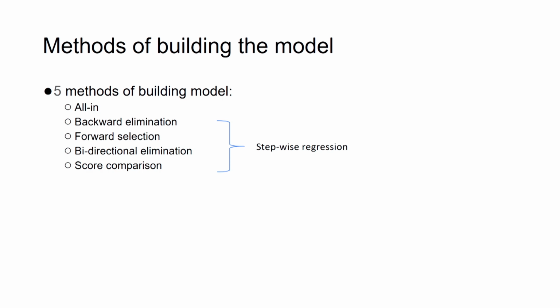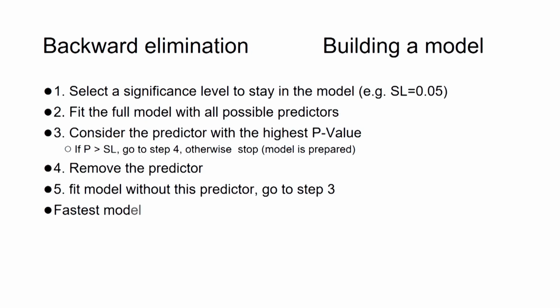So, there are 5 methods of building the model. First is all in, then backward elimination, forward elimination, bidirectional elimination, and score comparison. These are the stepwise methods, stepwise regression, that suggest how to build the model, or which independent variables we should finally include in the model.